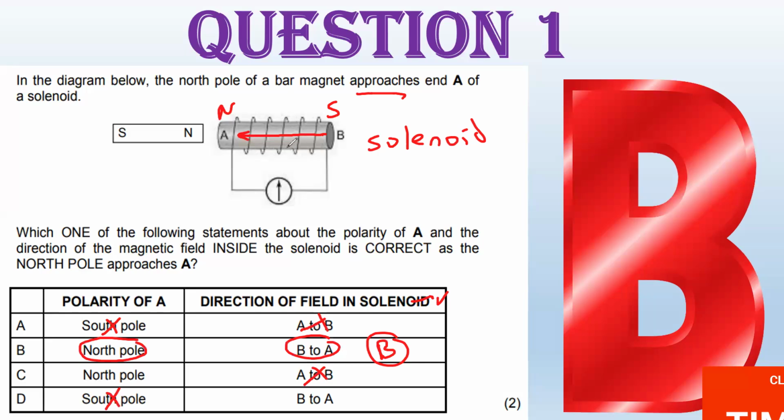After that, another important point for a magnet: the direction of the magnetic field is S to N inside, and N to S outside. I hope everything is clear. So if you remember these, just a total of four important points for a magnet, everything will be easy for this kind of question.